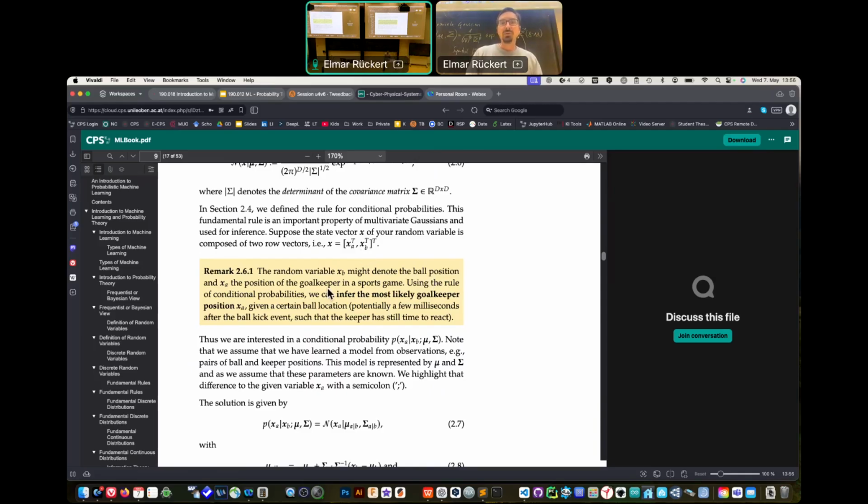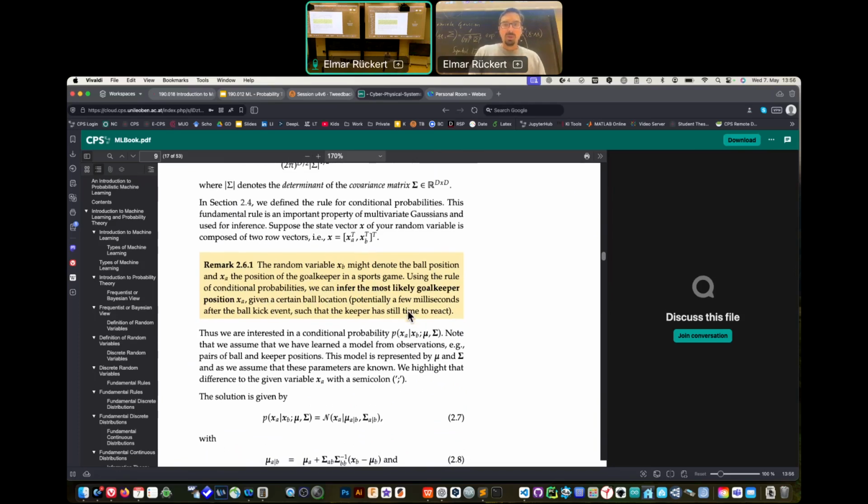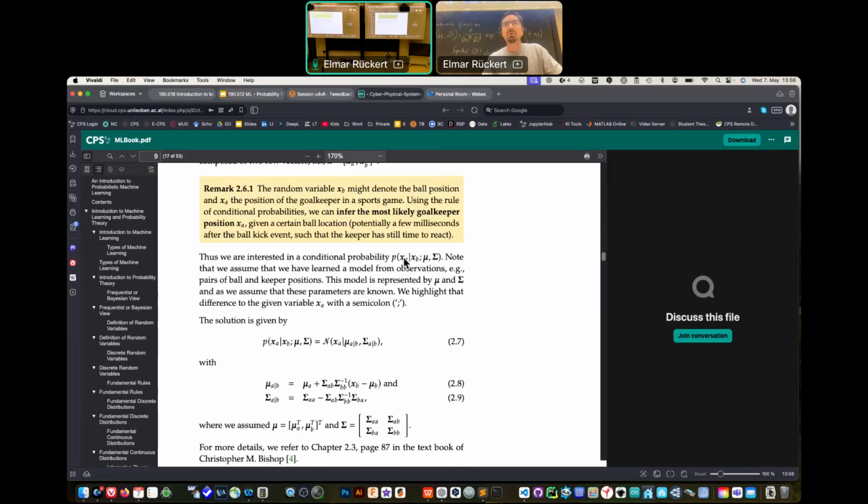You might ask now, using the rule of conditional probabilities, what is the most likely goalkeeper position xa given a certain ball position? So depending where the ball is in the game, the goalkeeper might move towards a certain direction. And you can compute that simply using your mathematical model by applying conditional distributions.